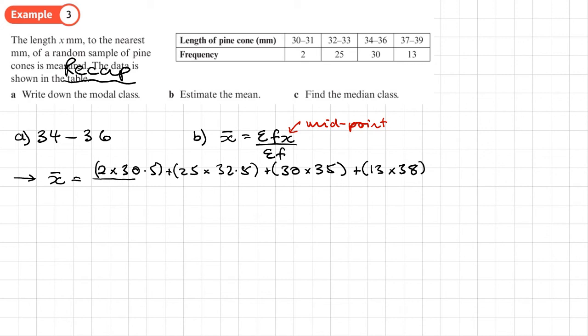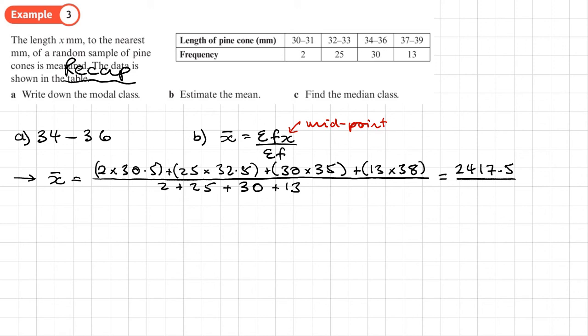And all of that needs to be divided by the sum of the frequencies, which is going to be 2 plus 25 plus 30 plus 13. So using our calculators, what we get at the top of the fraction is 2417.5. What we get at the bottom of the fraction is 70.